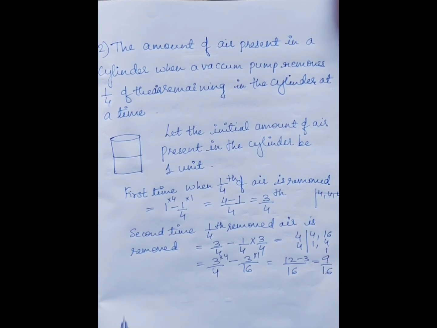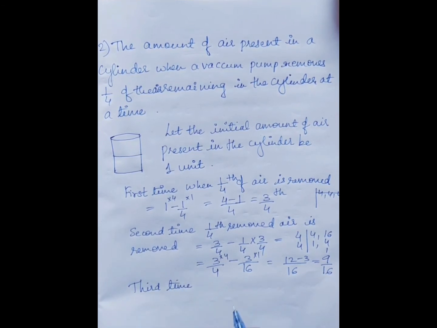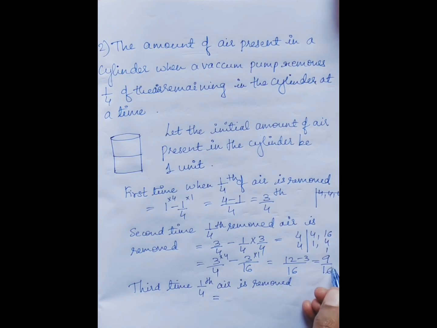So next is what? For the third time. Third time when you are removing the air, 1/4 of air is removed. So how are we going to calculate? Now see, again I am going to write it as 9/16 is remaining.